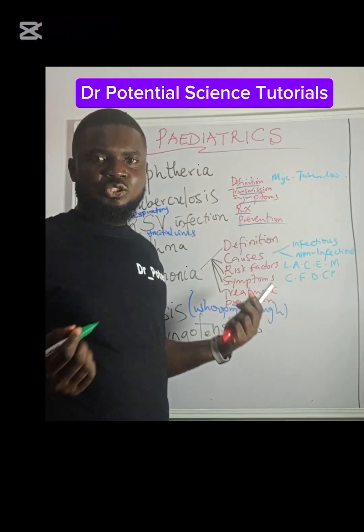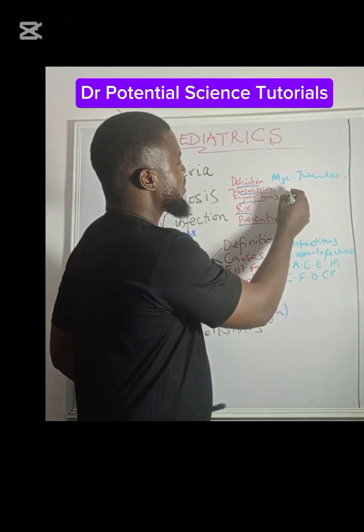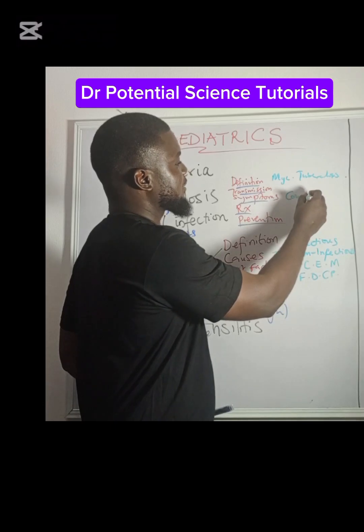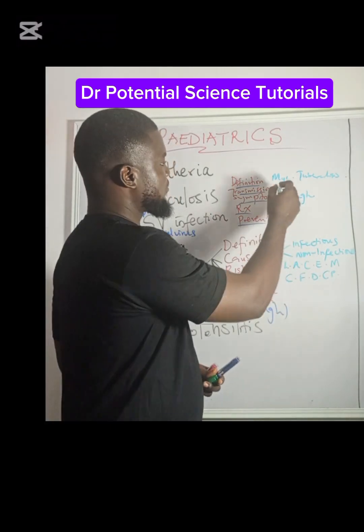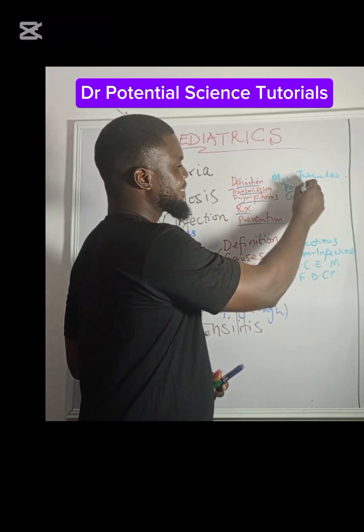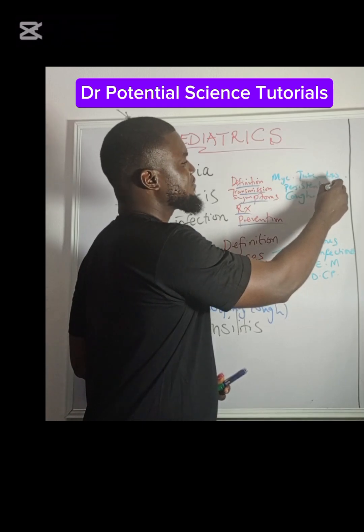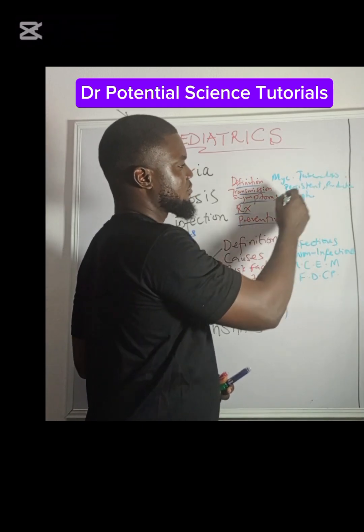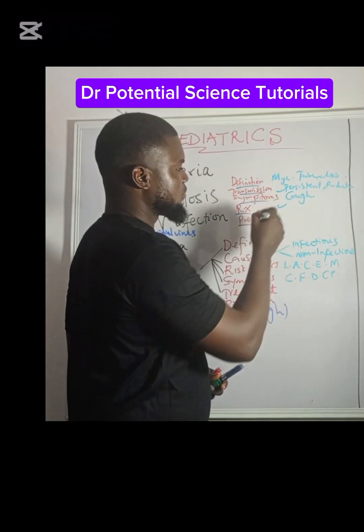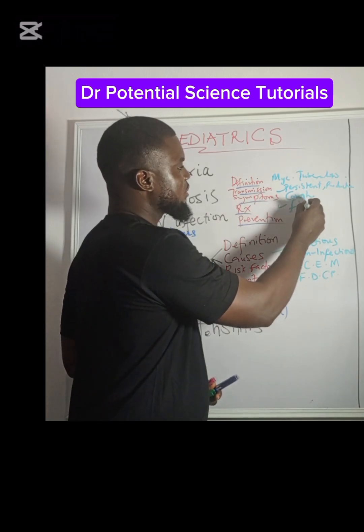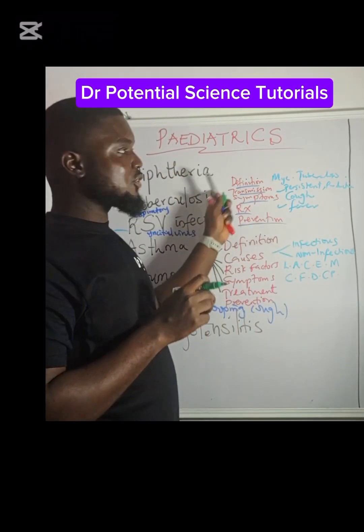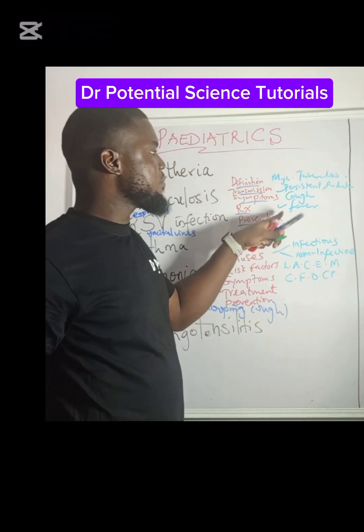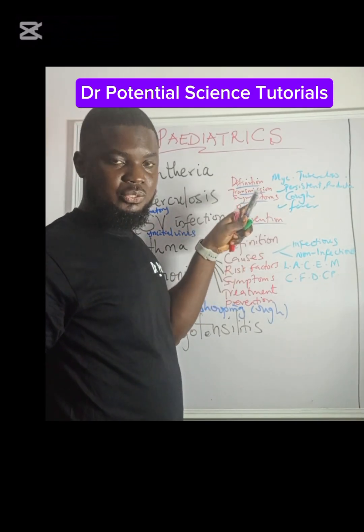The next one, symptoms of tuberculosis. If you remember, we talked about that in class: persistent productive cough. Remember that fever, because the condition is caused by a bacterial infection, so there will be fever in tuberculosis.